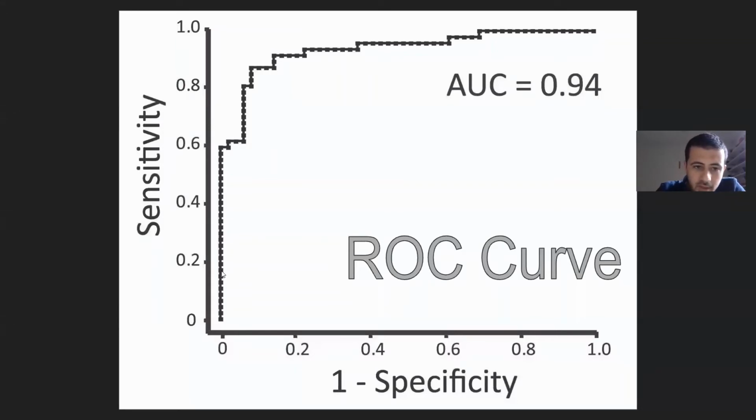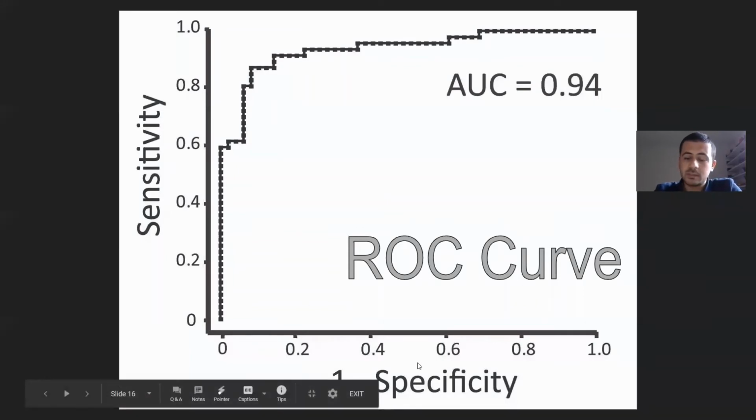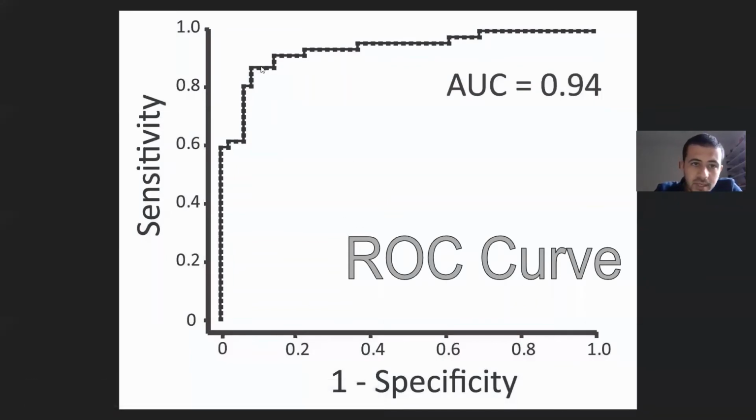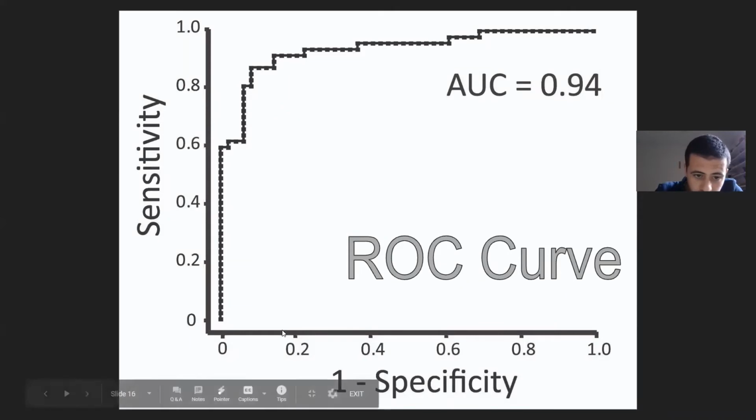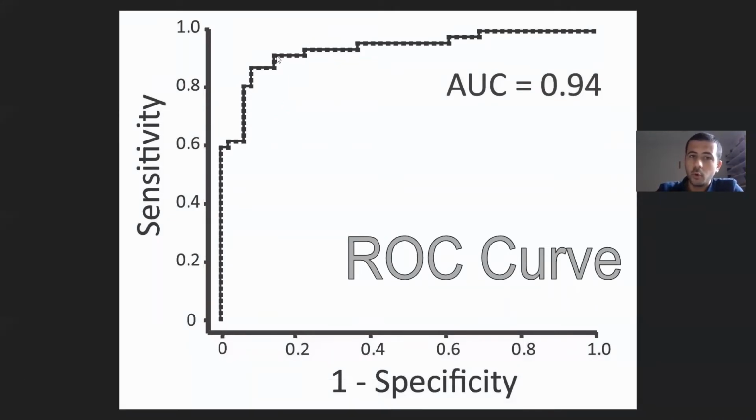But I don't take this. Why? What is the difference between this point and this point? I have lower sensitivity for no gain in specificity. But from here to here, I have lower sensitivity but an increase in specificity. So those points from here to here are all important.